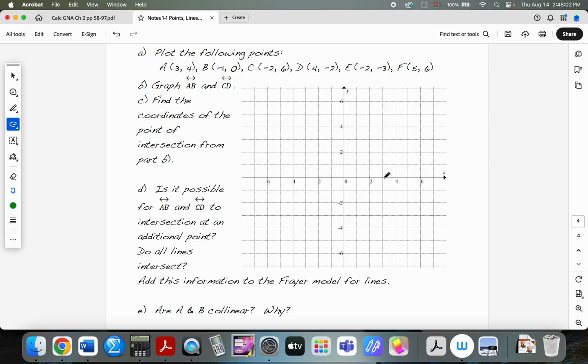A is at coordinates 3, 4. B is at coordinates -1, 0. C is at coordinates -2, 6.